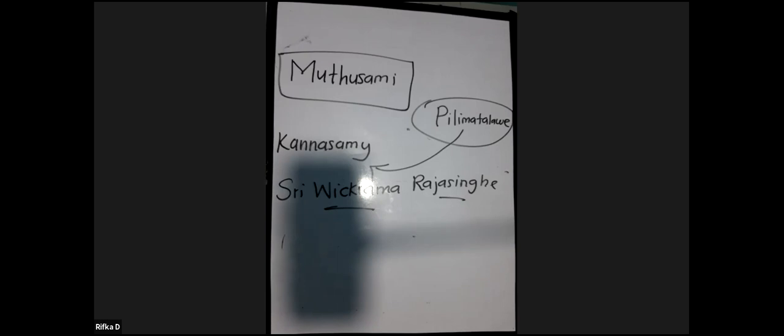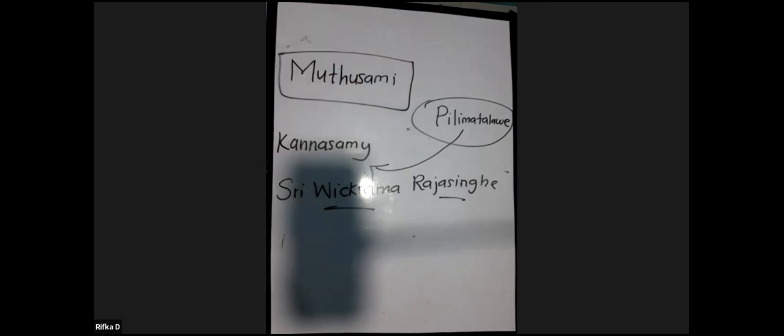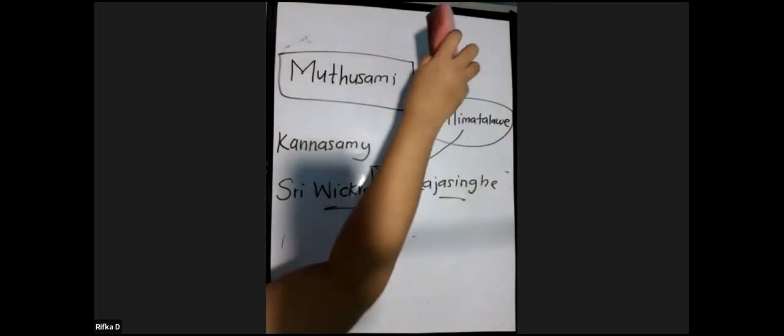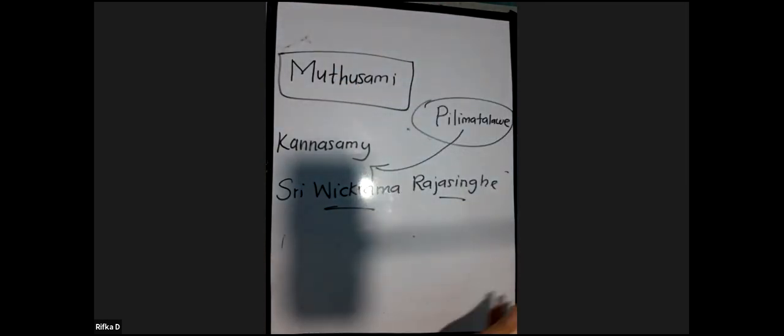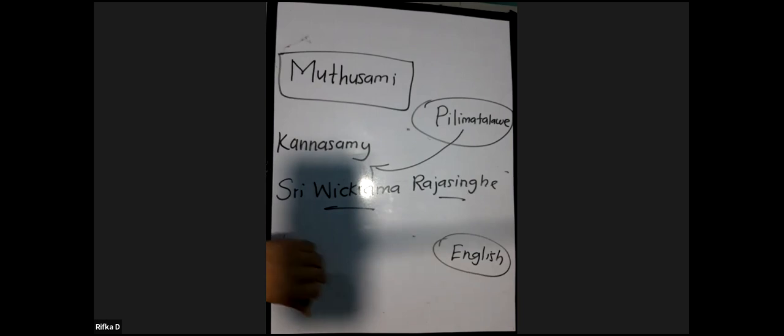After he became the king, he was a very good ruler. Now, who was in the coastal areas of Sri Lanka? Tell me. Yes, it was the English who captured the coastal areas of Sri Lanka.